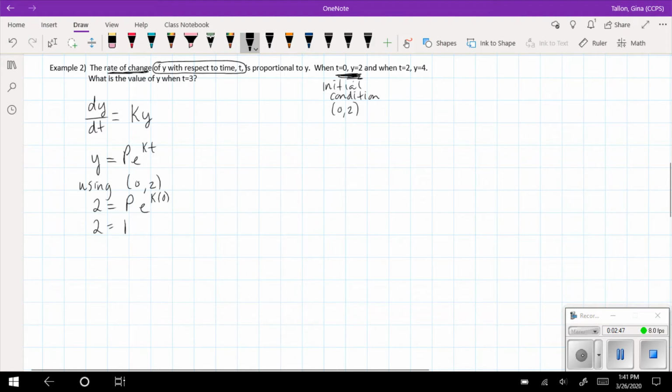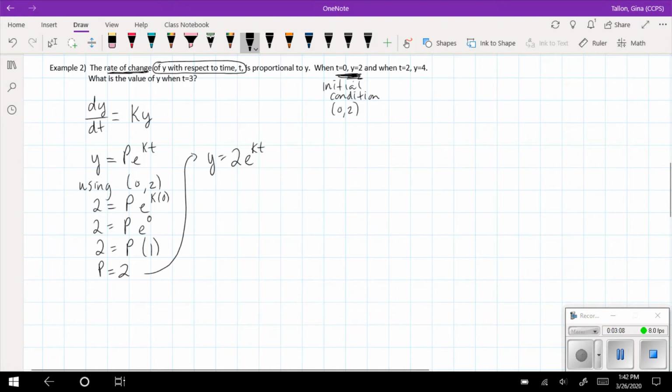Well, I think everybody's going to be all right with this one. k times 0 is 0. Can you see it happening already? e to the 0 is 1. So therefore, my P is equal to 2. And I can go right back and write the equation now. All right. y equals 2e^(kt).